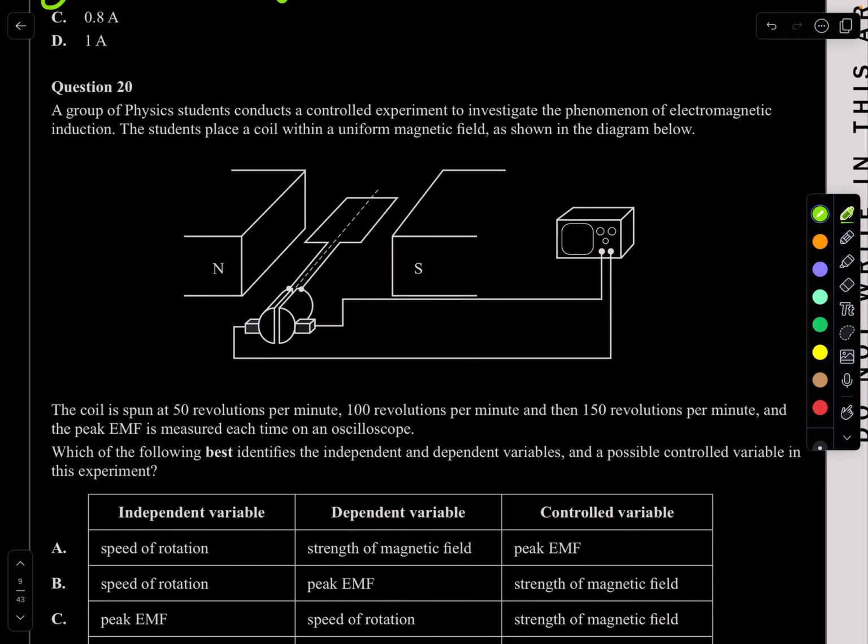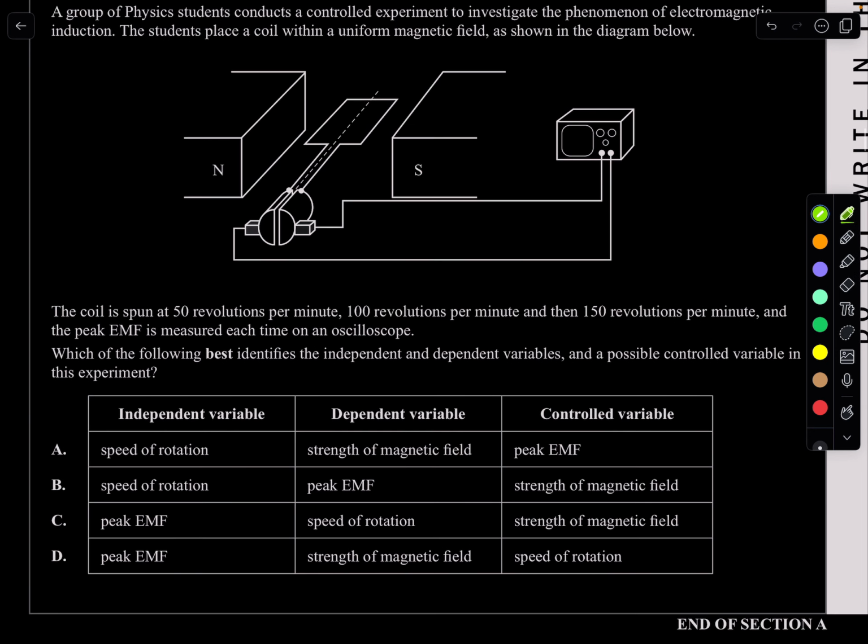20. A group of physics students conduct a controlled experiment to investigate the phenomenon of electromagnetic induction. The students place a coil within a uniform magnetic field as shown in the diagram. Okay. The coil is spun at 50 revolutions per minute, 100 revolutions per minute, and 150 revolutions per minute. And the peak EMF is measured each time on an oscilloscope. Aha.